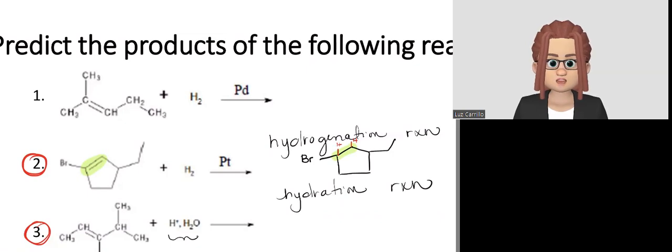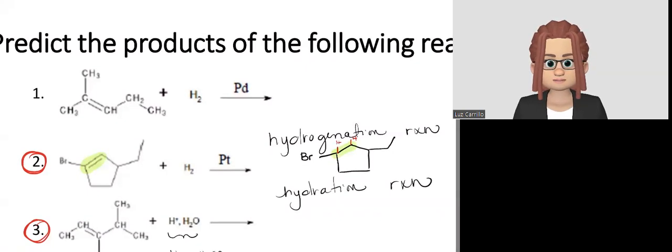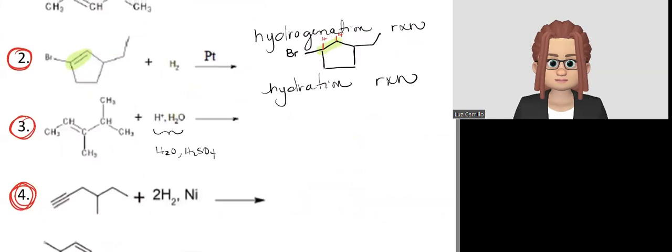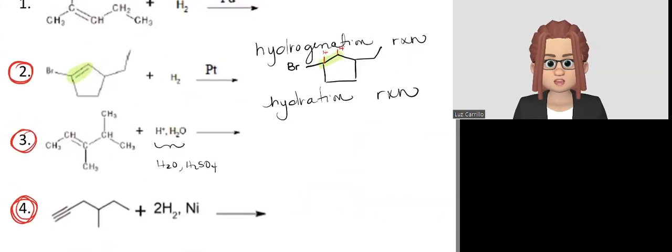Let's now go over number 3. I already determined that this is a hydration reaction. In a hydration reaction, one carbon in the double bond is going to receive a hydrogen, and the other carbon atom is going to receive the OH.